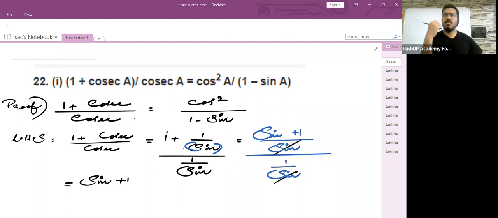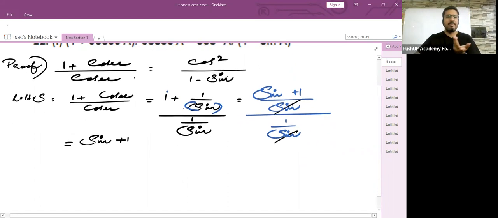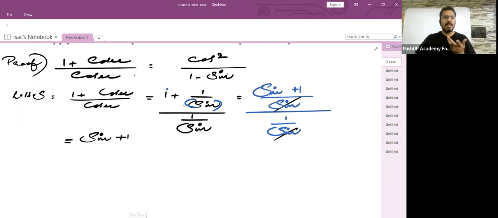So in those cases, we take the LHS, simplify it to one particular solution. Then we take the RHS, simplify it to one particular solution. Then when you compare both of them, they both must be equal. In that case also, you can say you have proved the identity. All right. So here I took the LHS, I simplified and I got sine plus 1 or 1 plus sine.